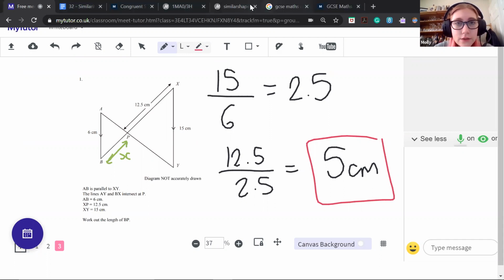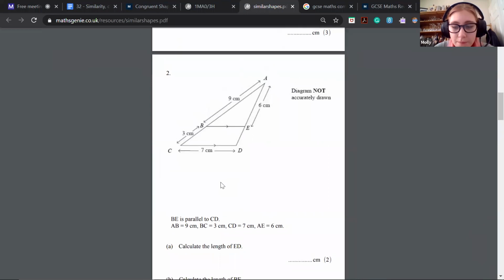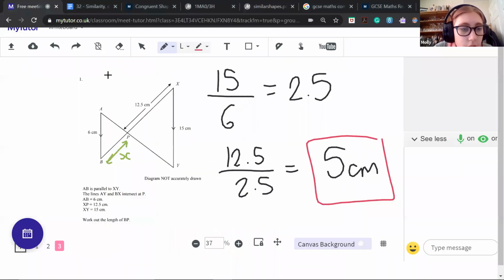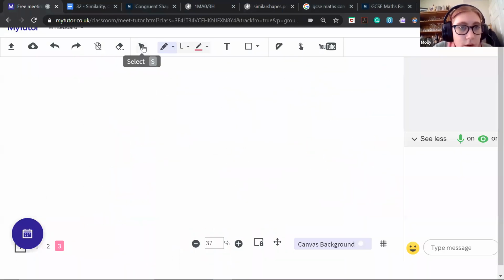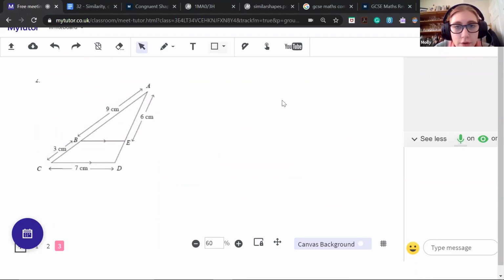We'll have a look at another. Let's have a go at this one. So we've got this here, and triangles ABE, this one here, and ACD are similar.